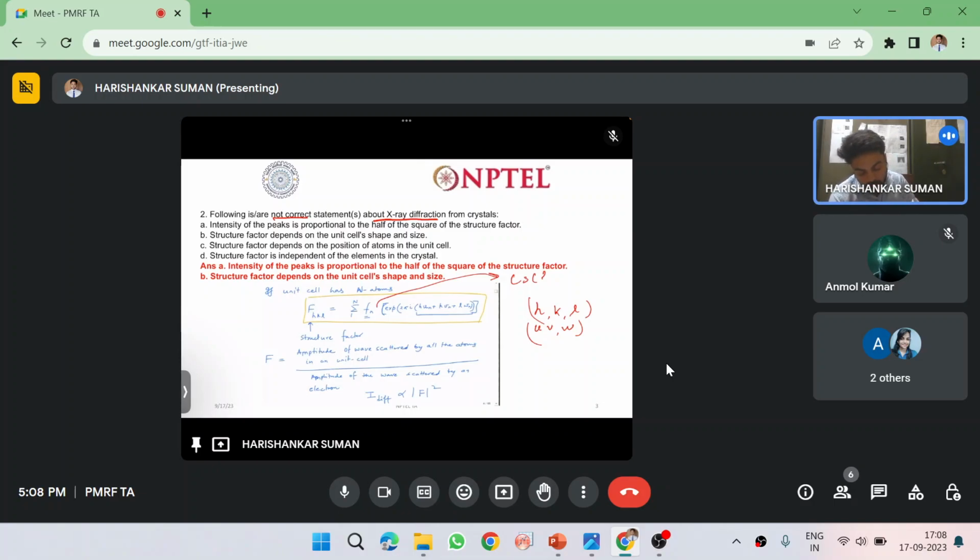Option A: intensity of the peak is proportional to half of the square of the structure factor. Intensity is proportional to the square, not half. So this is not correct, and according to the question option A is the answer.